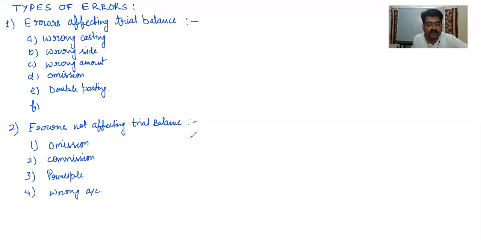If while posting from the books of original entry, posting is made to a wrong account but on the correct side, the error will not affect the agreement of trial balance. For example, goods are sold to Ram on credit, but Shyam's account is debited in place of Ram's account in ledger, so the trial balance would tally in spite of error in both the accounts.